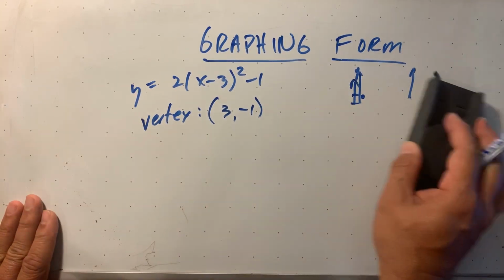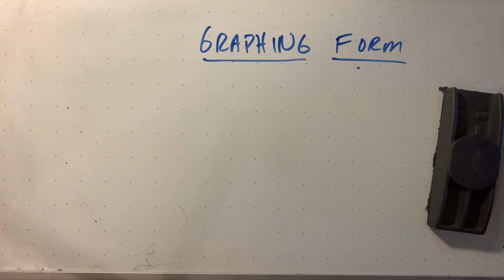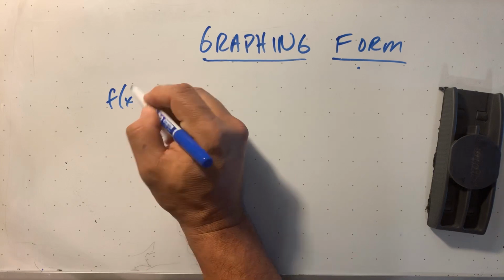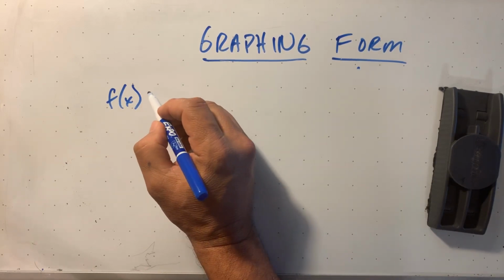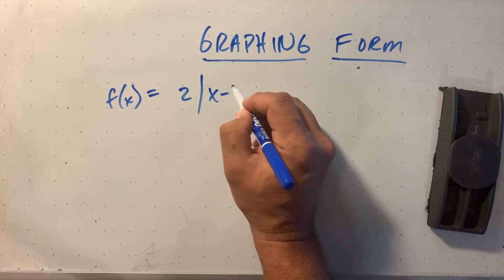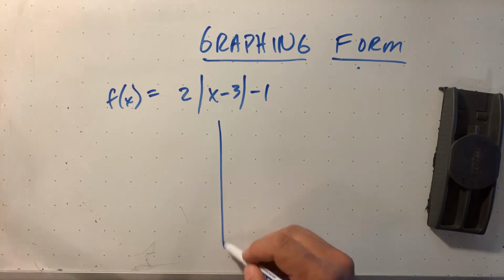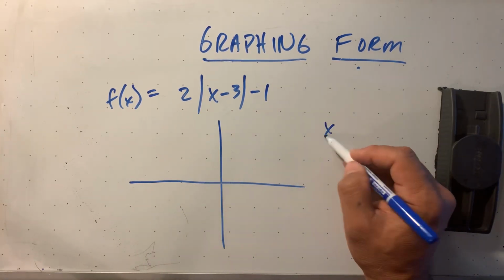All right, let's try one that's an absolute value one. All right, f of x is equal to 2 times the absolute value of x minus 3, minus 1. X, y values.